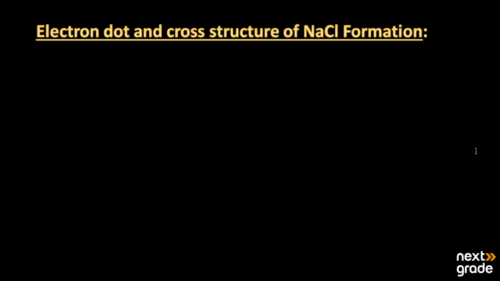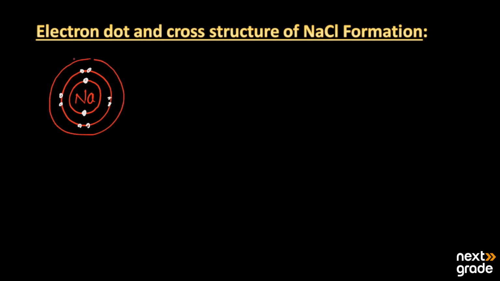Next, we have the electron dot and cross structure for the NaCl formation. Let's start with it. For the sodium atom, the first shell has 2 electrons, the second has a total of 8 electrons, and the last shell has only 1 electron. This is the sodium atom.